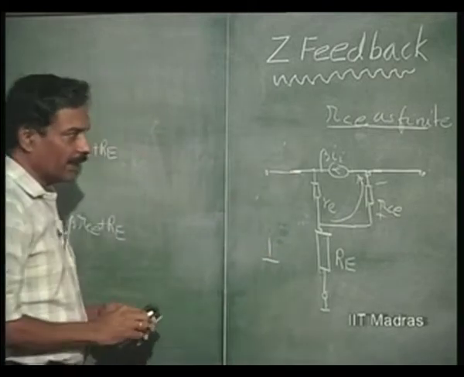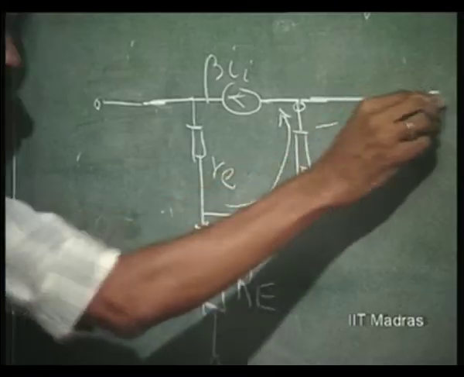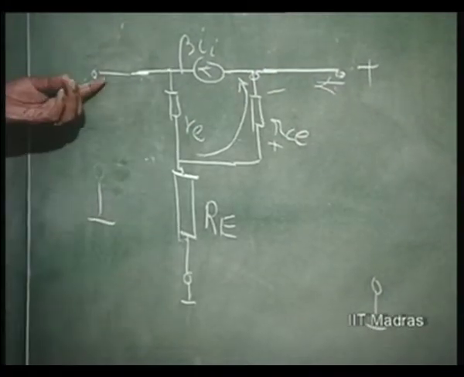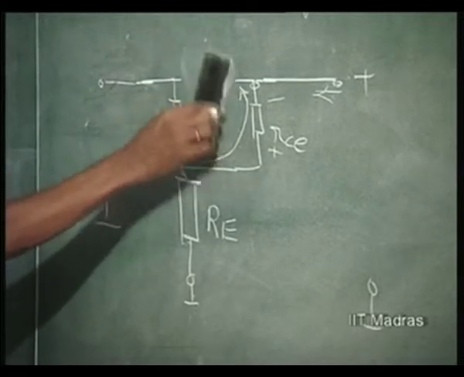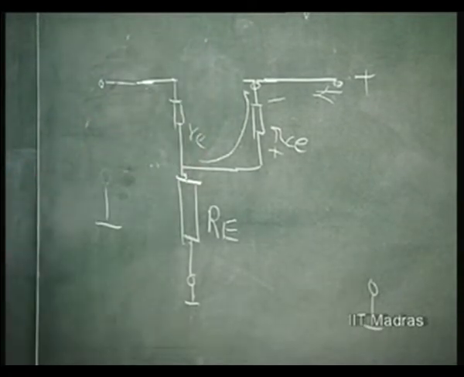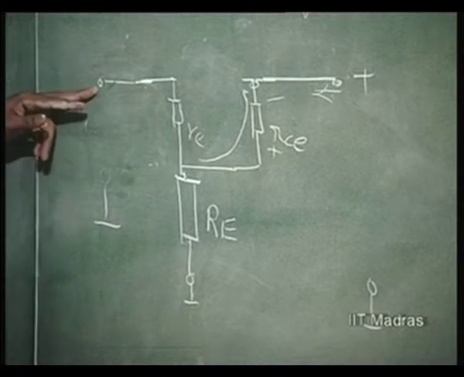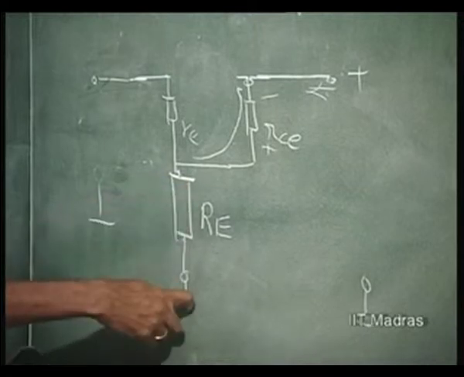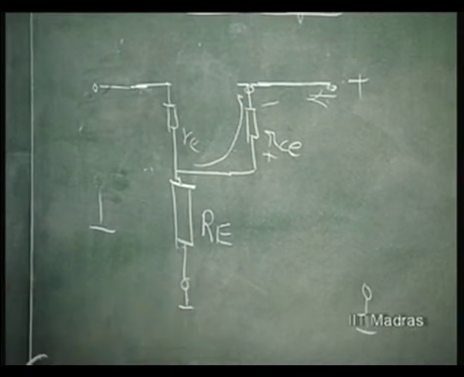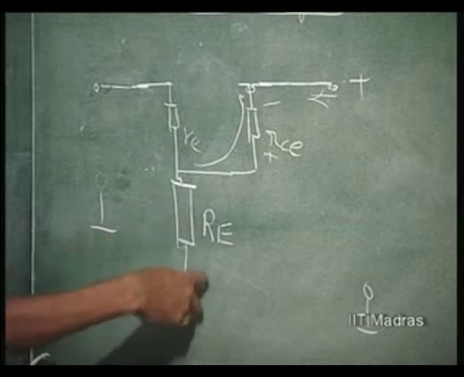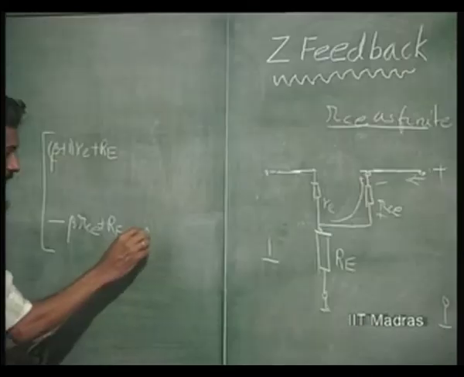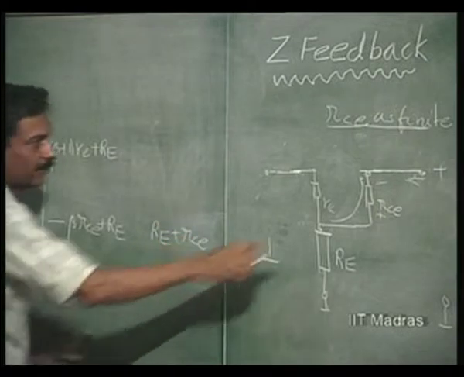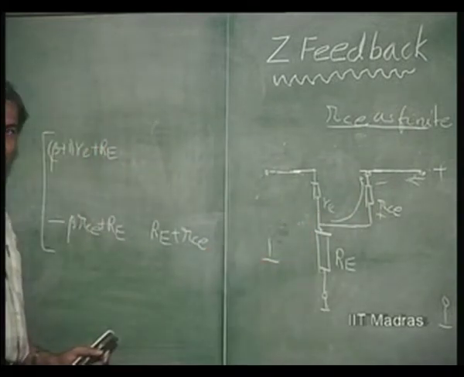Now, make the input current 0 and apply a current at the output. If this is 0 current, there is no current in this, if this is open circuited. So, when I apply a current here, this current will be forced to flow through this like this, and therefore, the output impedance with input open circuit is Re plus RCE, simply a series combination of that.